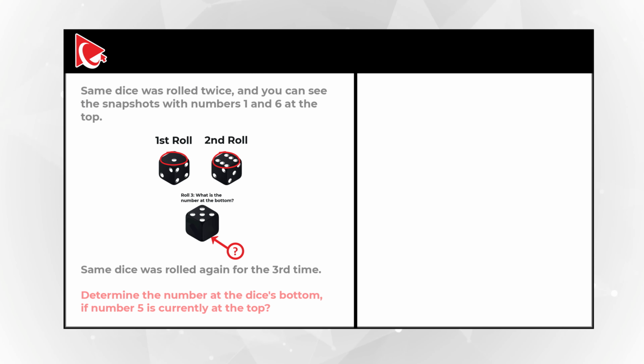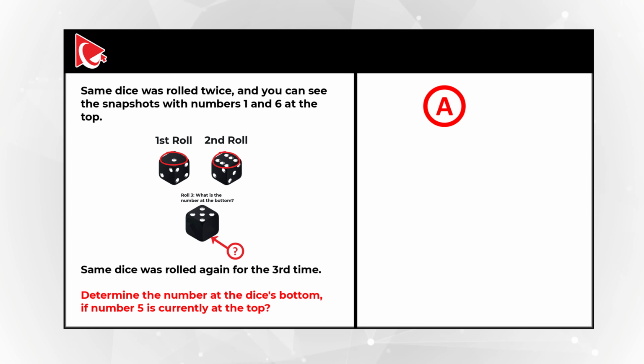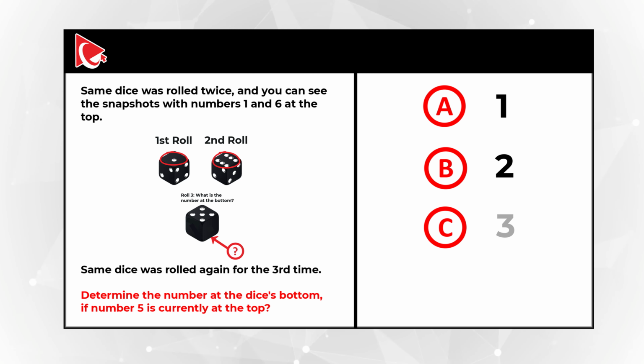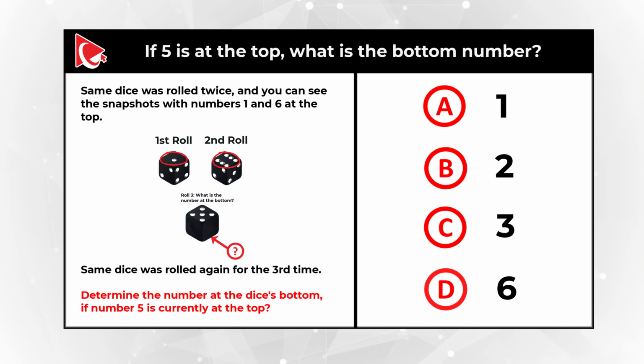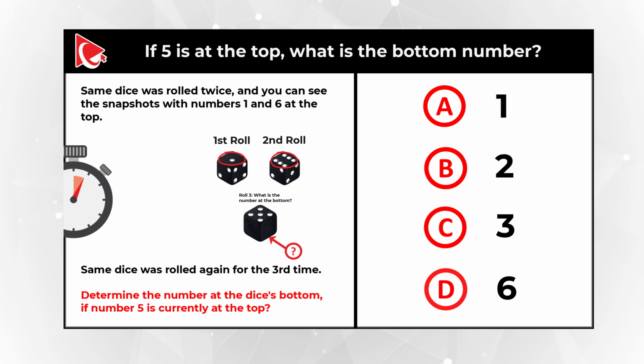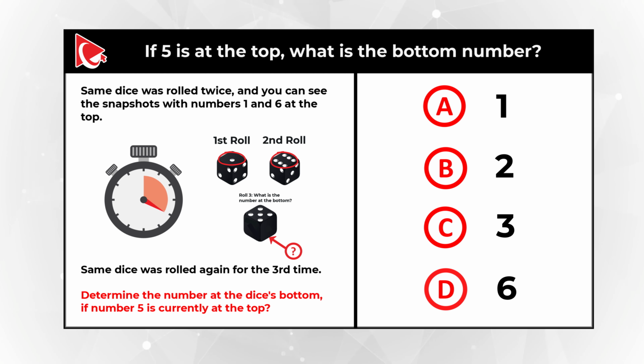You have 4 different choices. Choice A, 1. Choice B, 2. Choice C, 3. Choice D, 6. Do you see the answer? Please take a close look because the answer may not be obvious. Maybe pause this video to give yourself a little bit of time to find the solution.